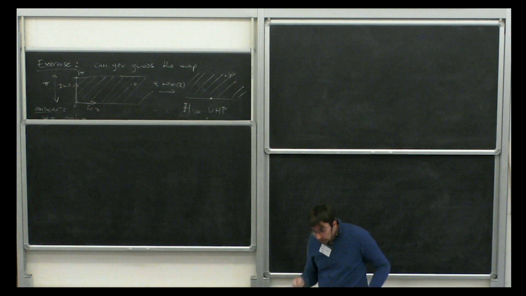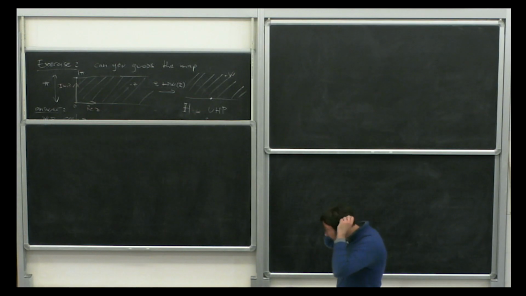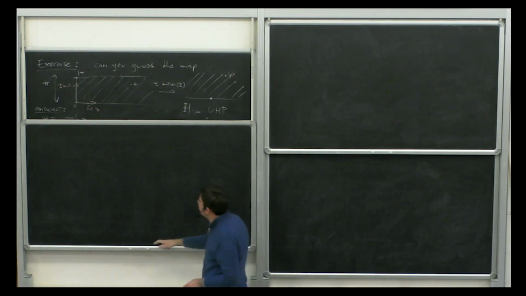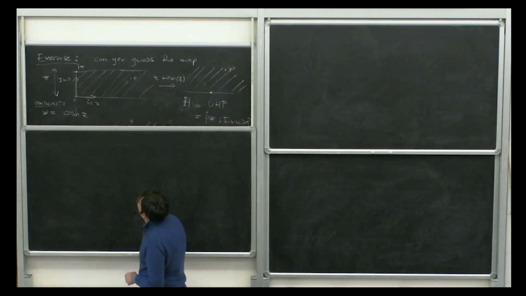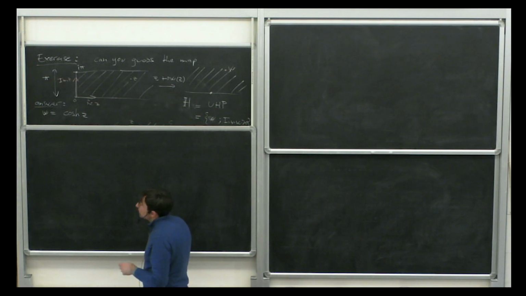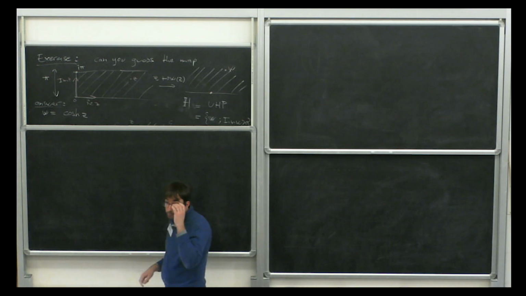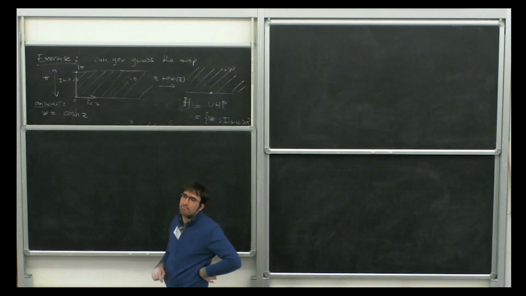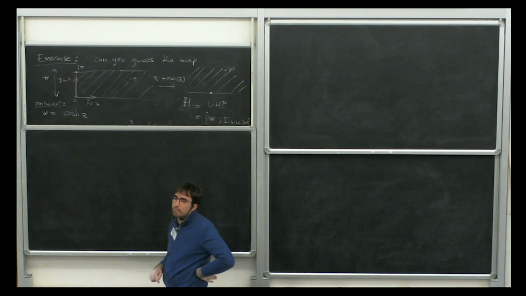Okay, so let's continue. Just about this hyperbolic cosine, how do you see it? Did you think about it? Yes? You can try, like, one exponent will give you half a plane with a cutoff, like half a circle. The exponent with minus z will give you the half circle.